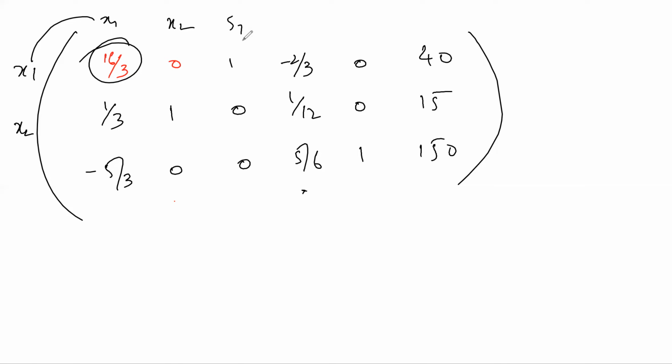So now what we will do, this is s1. With the help of this x1, we will make 16 by 3 into 1, so we divide row 2 by 16 by 3.